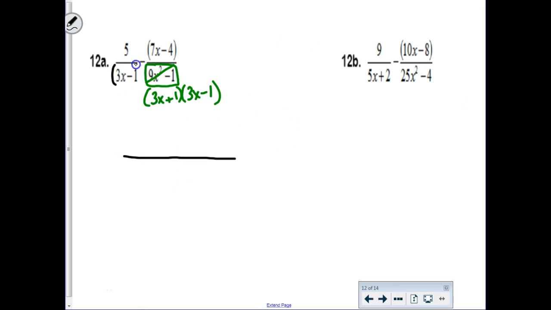When I look at my denominators now, I notice that what they have in common is they both have a 3x minus 1, and then one of the denominators also says I need a 3x plus 1. So to complete this denominator set, you need to make sure everybody's denominator matches that one. Well, I have excellent news for you. This fraction is good to go. This fraction is not. It's missing the 3x plus 1.